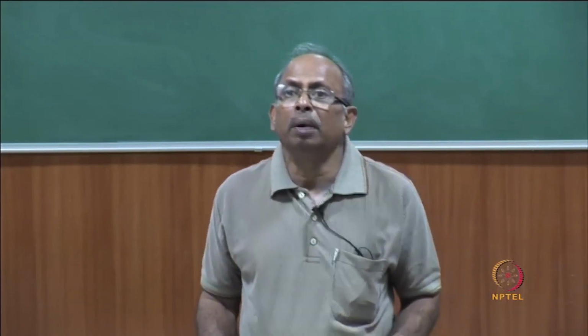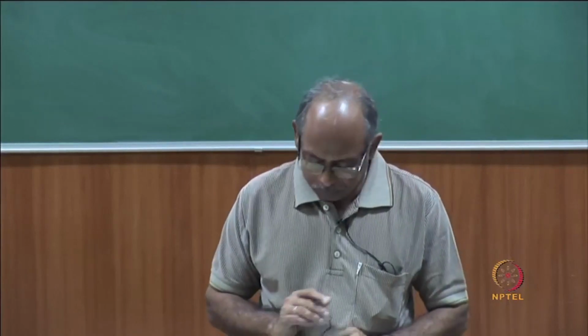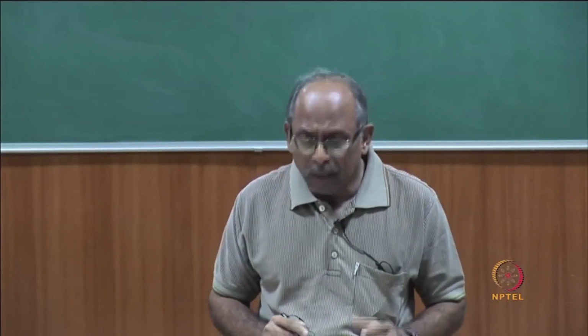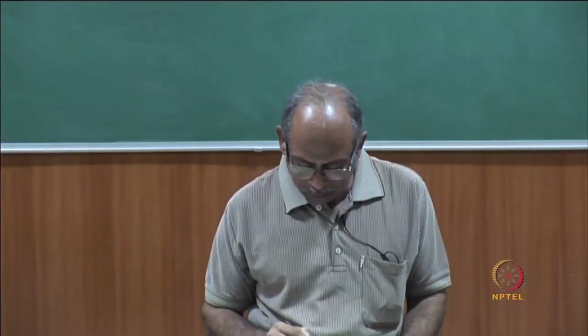Now, stress strain curves of materials we can classify into 4 types for all materials in general. Of course, we have left out elastomers, but typically these are the 4. We will see that concrete is a nonlinear and inelastic or non-elastic material.